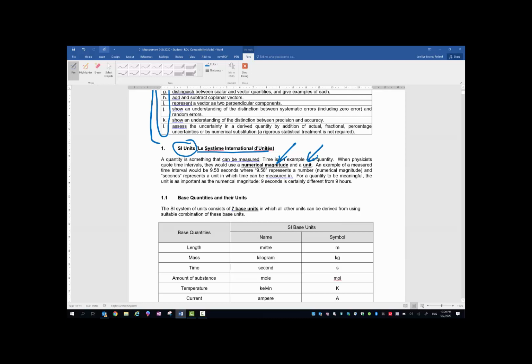Together, the magnitude and unit make sense. For example, Usain Bolt set the world record in the 100-meter sprint at a time of 9.58 seconds. If you just say 9.58 without knowing what unit, that is not totally helpful. So the unit is important as well.